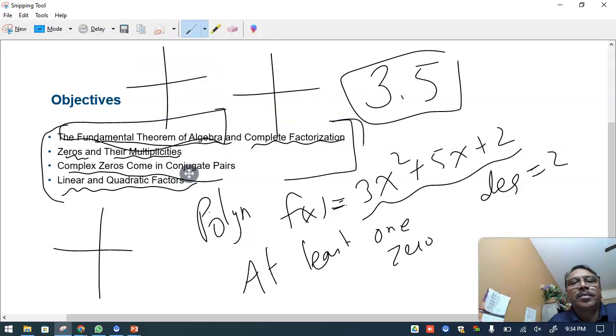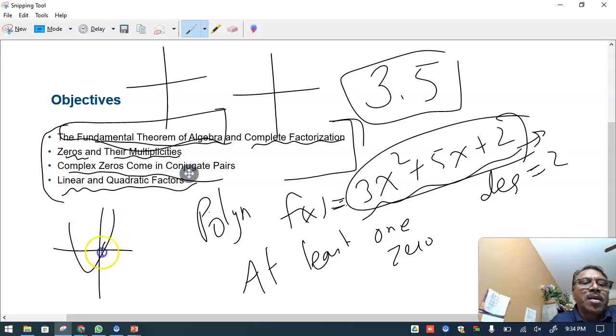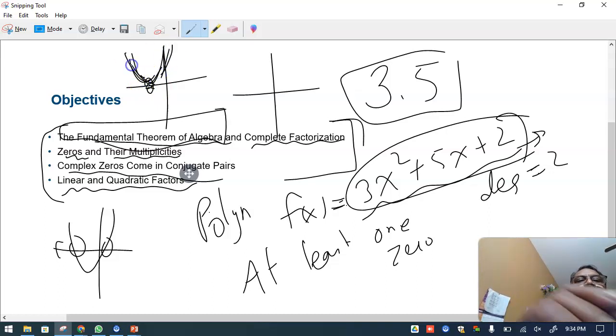The quadratic can either cross the x-axis twice, or it can just touch the x-axis only once, which is like a multiplicity 2, or it may not cross, but we can still find zeros.